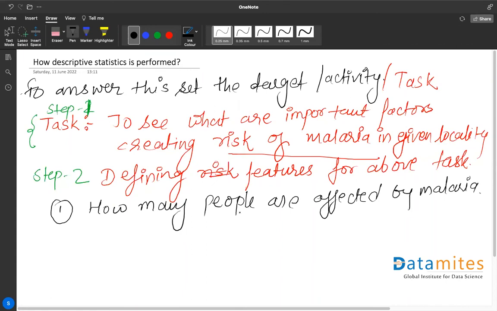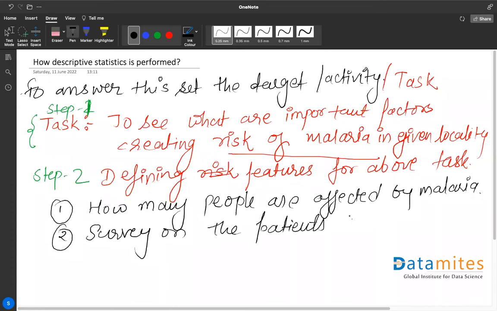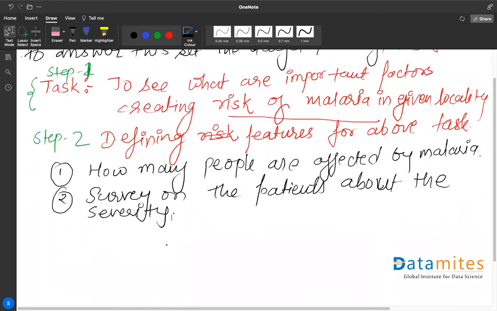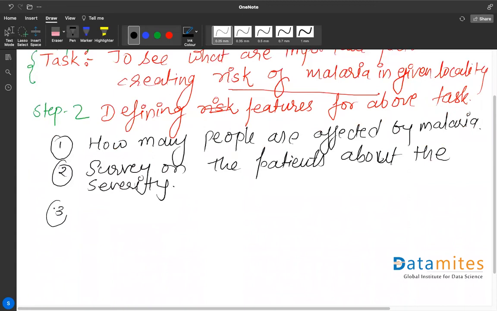Now, once I get to know how many people are there, then I need to do a survey on the patients about the severity of malaria, and what were the sources which caused malaria.